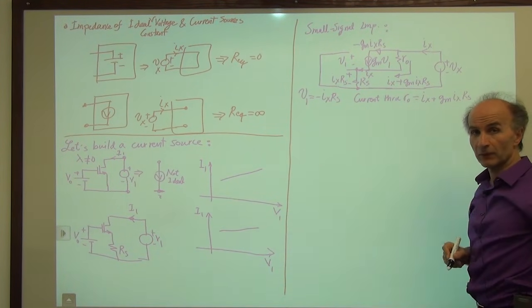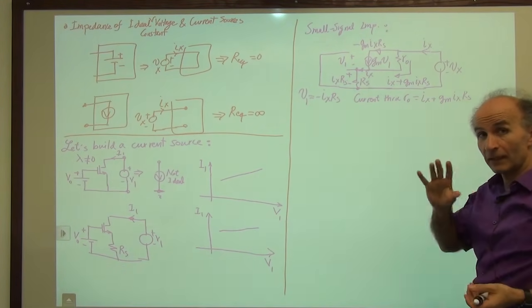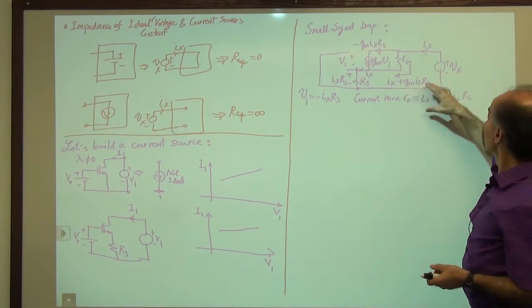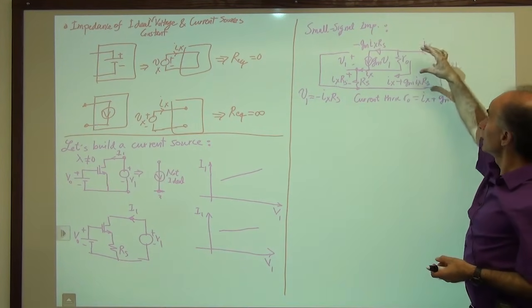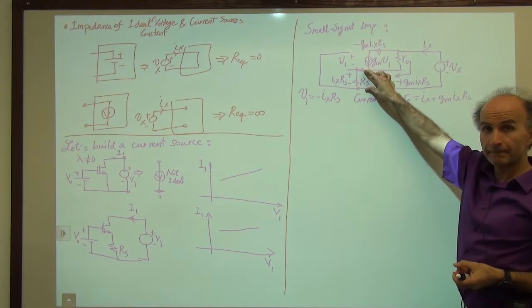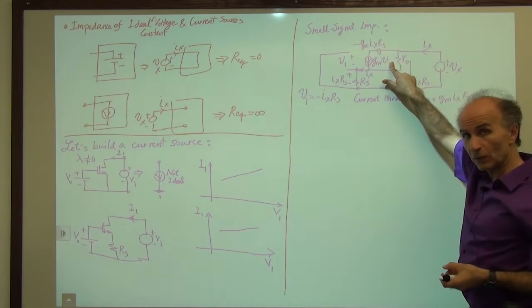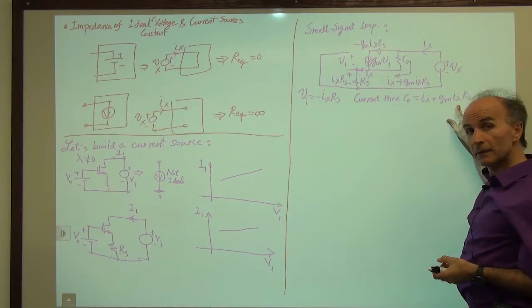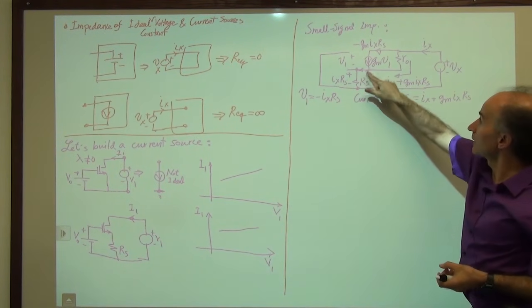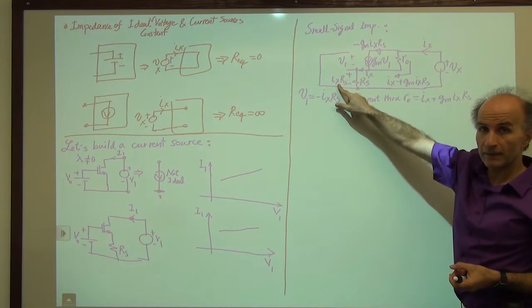All right, so what do I do with that voltage? Well, we write a KVL in the output network. This voltage is equal to this voltage plus this voltage, right? So Vx is equal to RO times the current through it plus this voltage, which is Ix times RS.